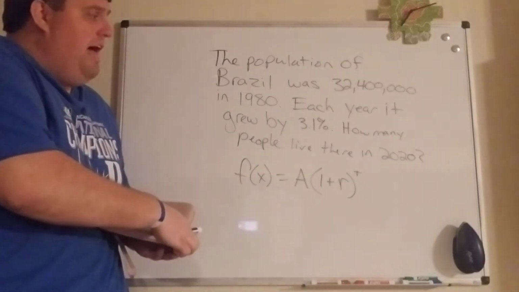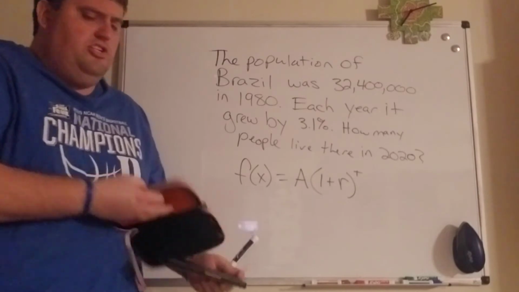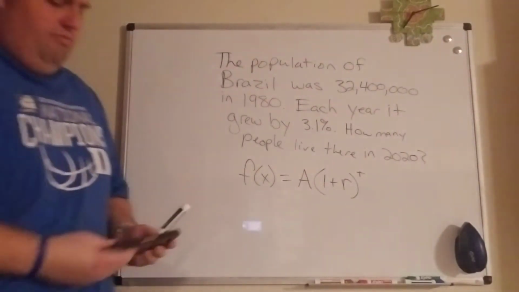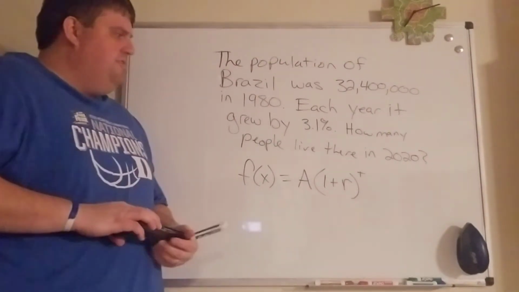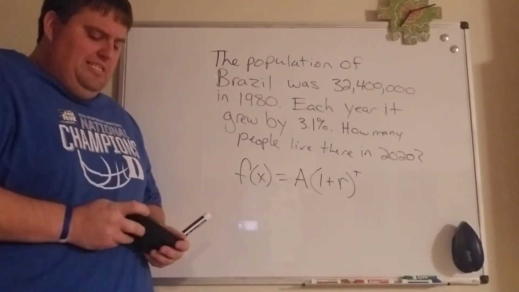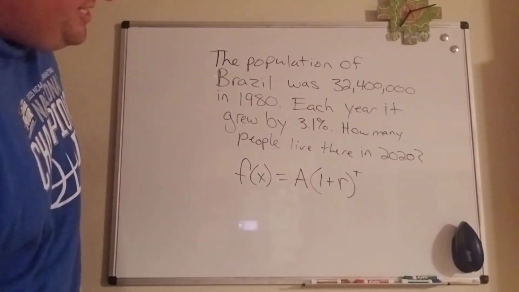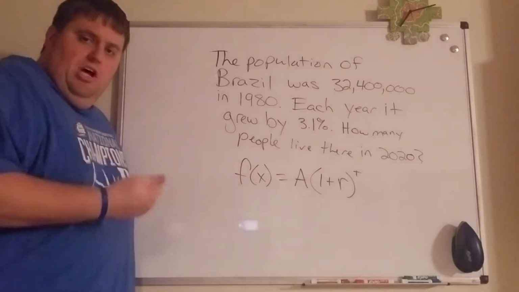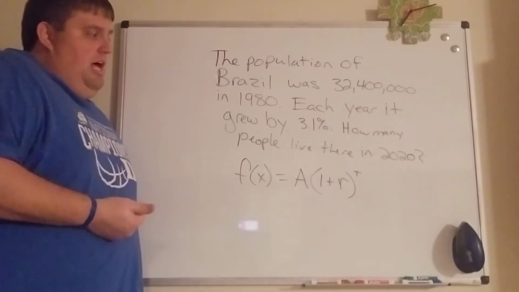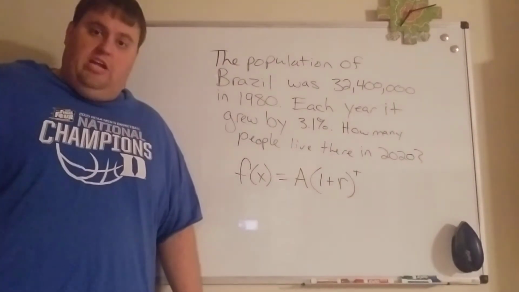And every single time that you have a percent in a problem, you have to change it to a decimal. That is like rule number one with percentages, okay? And the t is still going to represent time for us. So very similar to what we saw yesterday.